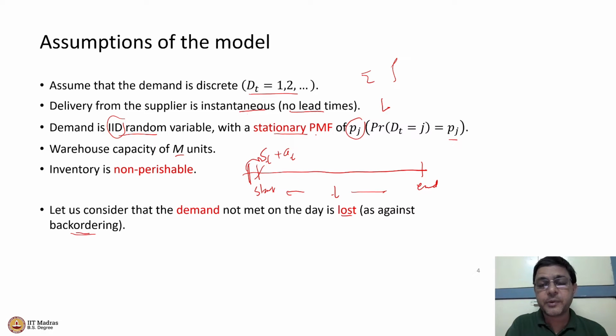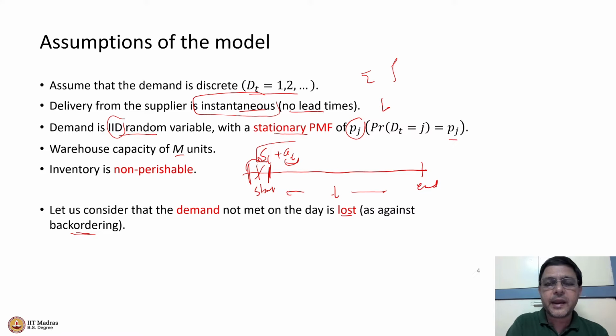That's what I'm trying to find the optimal value for, using all this stochastic dynamic programming and all that. AT is my action variable that tells me how many quantities to order. As soon as I place the order, remember we said the delivery is instantaneous. So immediately right here I get the inventory delivered to me, whatever I had ordered.